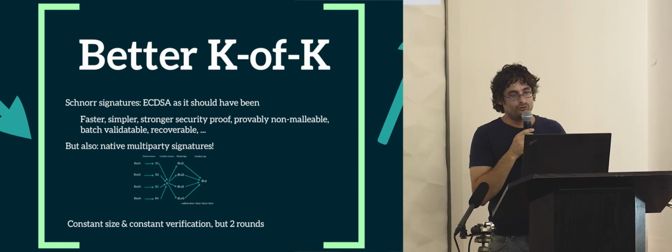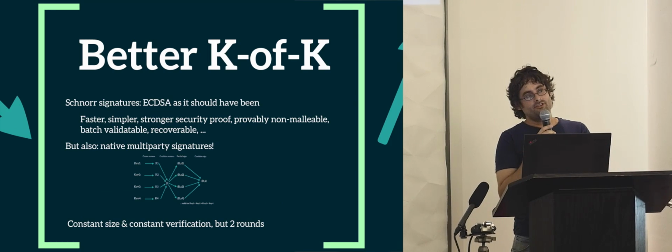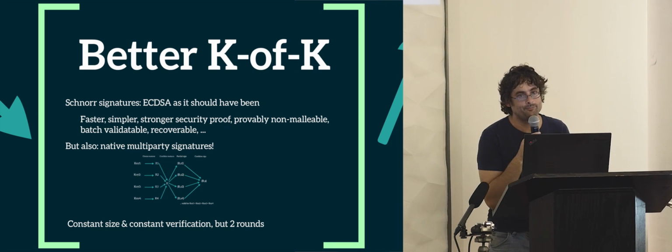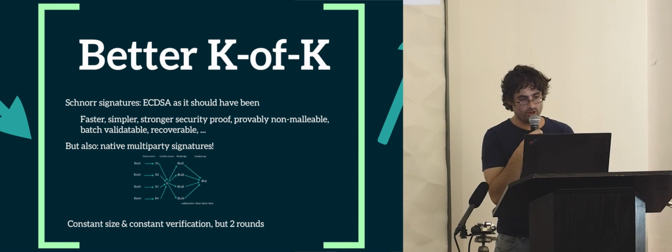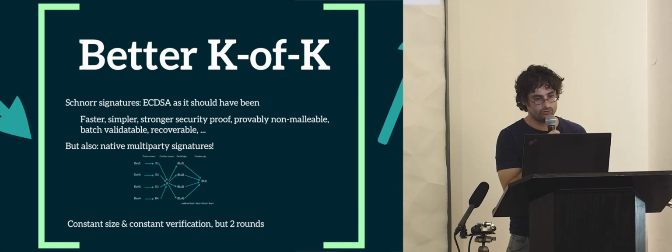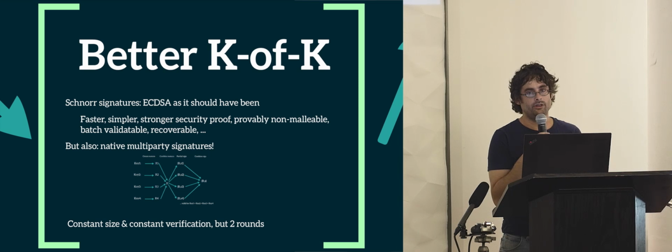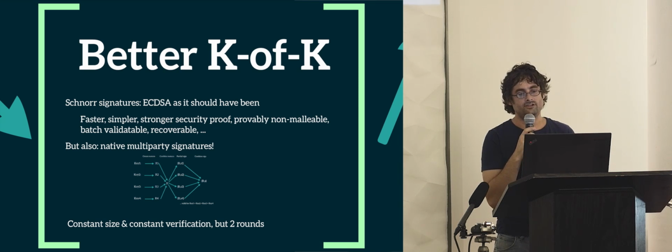What if instead of just 1 signer, we want everyone to sign? Turns out for this there is also a solution. So I'll briefly talk about Schnorr signatures now. And those are pretty much ECDSA as it should have been.